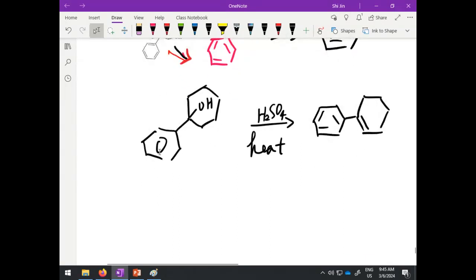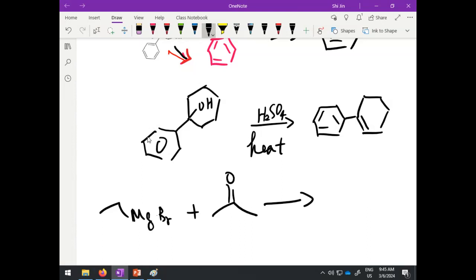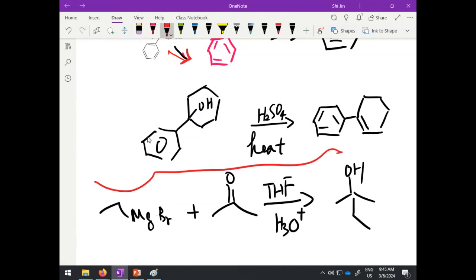So out of 4 students, at least like 2 or 3 of them, when you're doing the synthesis of alcohol using Grignard reagent, let's say if you have this Grignard react with this ketone, many of you wrote THF, acid, then give me the product. If you show me this answer, in the exam you will be wrong, okay?